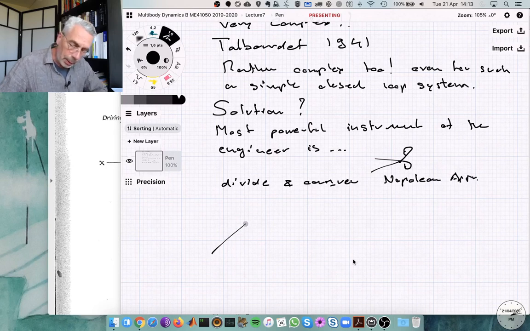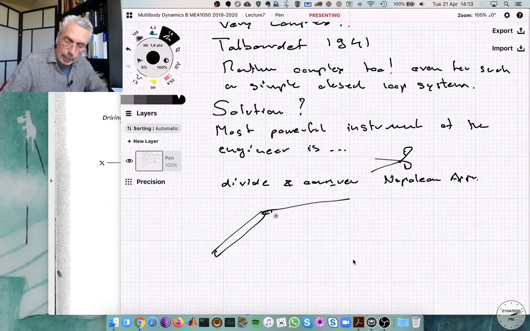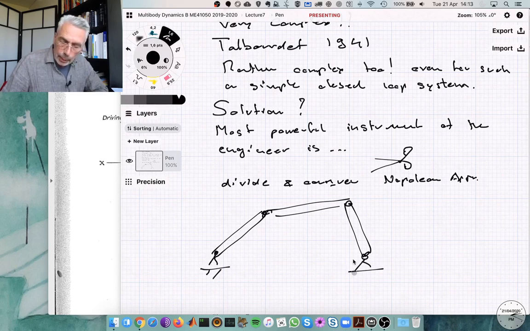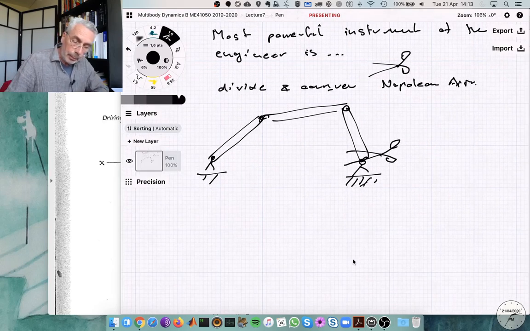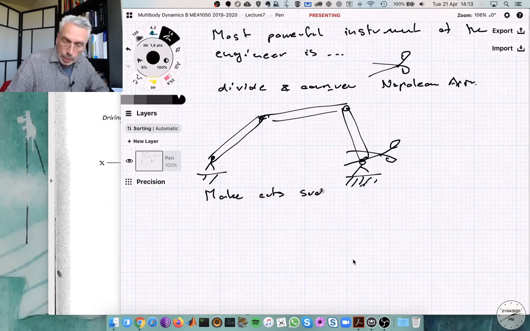So having this 4-bar mechanism, we have these 4 bars connected in the hinges here. What we are going to do is use our scissors to cut the system, like for instance here. If we cut it here, then we suddenly have an open loop system. So we make cuts such that we get an open loop system.